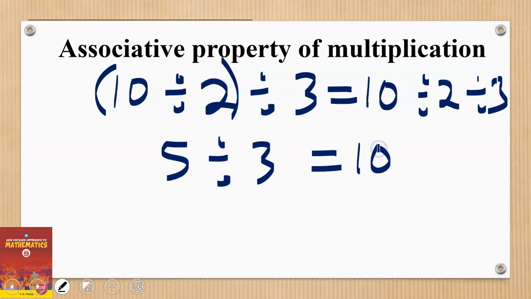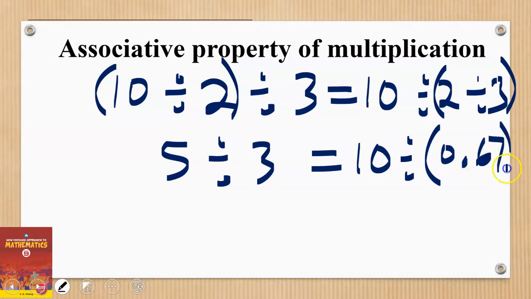Here I'll keep the 10 and do this side first. 2 divided by 3 is 0.66666, but I can say 0.67. Now, 5 divided by 3 will also give us a repeating decimal of 1.66666, or let's say 1.667.